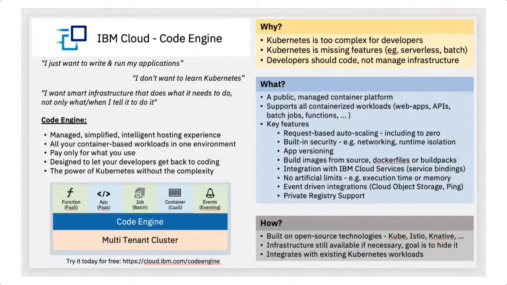So whether your workload or container is going to be running a function or a service function, whether it's there for a platform as a service type application, such as web apps or 12-factor applications, whether you're running a bunch of batch jobs that don't respond to HTTP requests, or you're responding to HTTP requests like eventing that we just saw. It doesn't matter. As long as you containerize your workloads, Code Engine can run it for you. And it's going to run it in the cloud and manage all of the infrastructure behind the scenes for you.